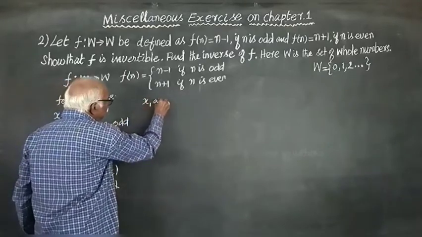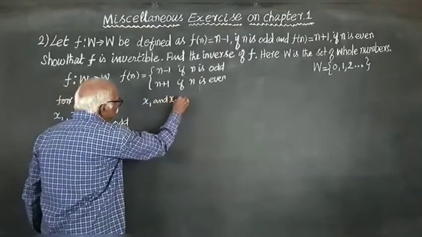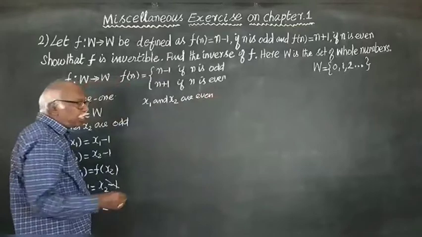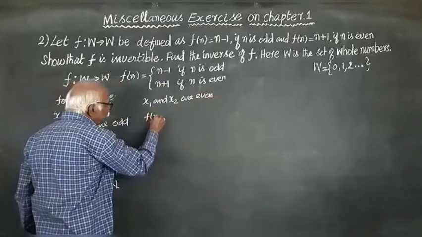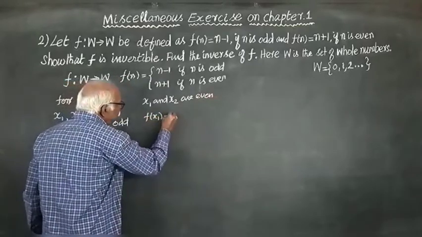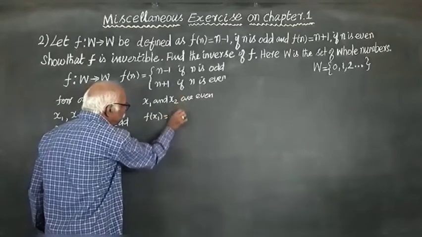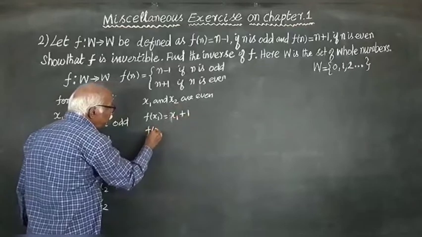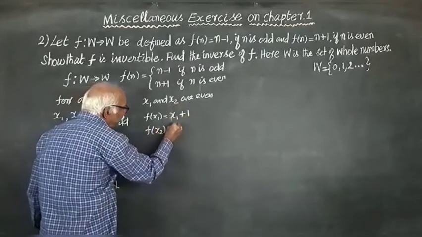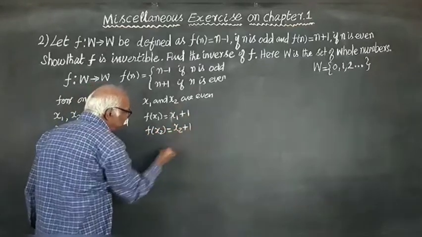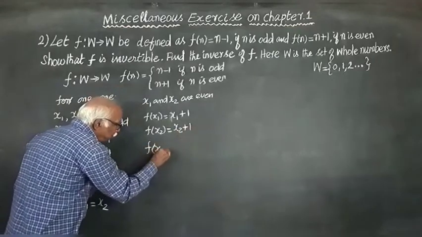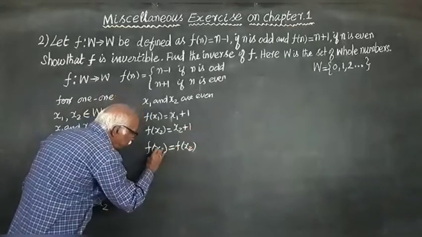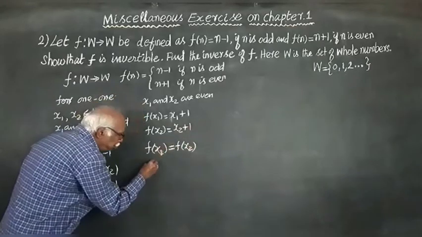Case 2: both x1 and x2 are even. f of x1 equal to x1 plus 1, f of x2 equal to x2 plus 1. Let f of x1 equal to f of x2.